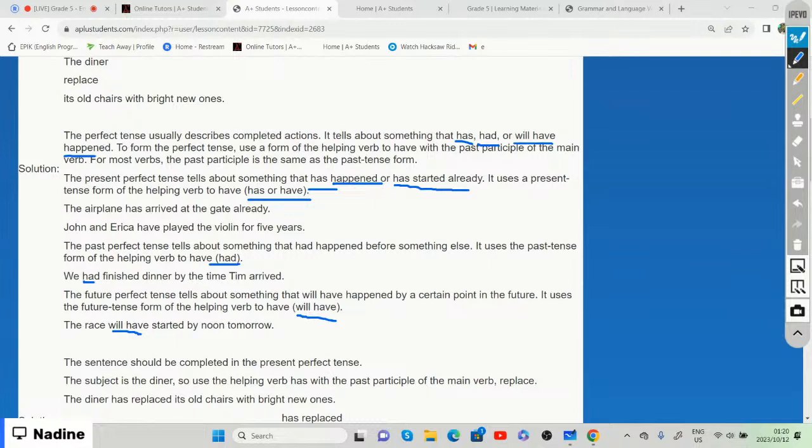So once again, the future perfect tense tells us about something that will have happened by a certain point in the future.